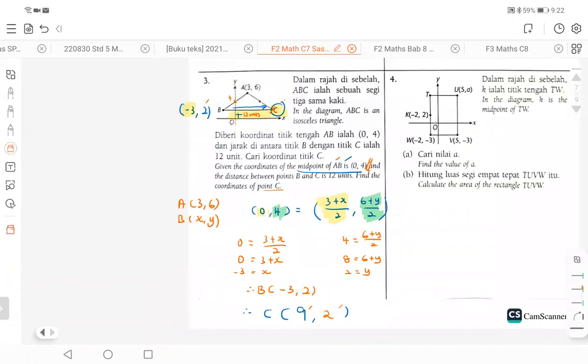What about Kai Chen and Joe? Little bit. Okay, can follow? We will do a lot of exercise, not to worry. We will feed you with a lot of exercise and look at the pattern of the questions. Kai Chen and Joe, your school already taught until which chapter? Chapter 6.